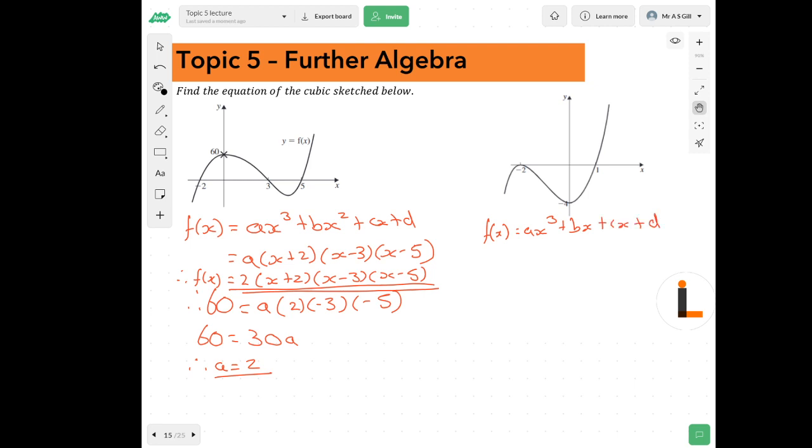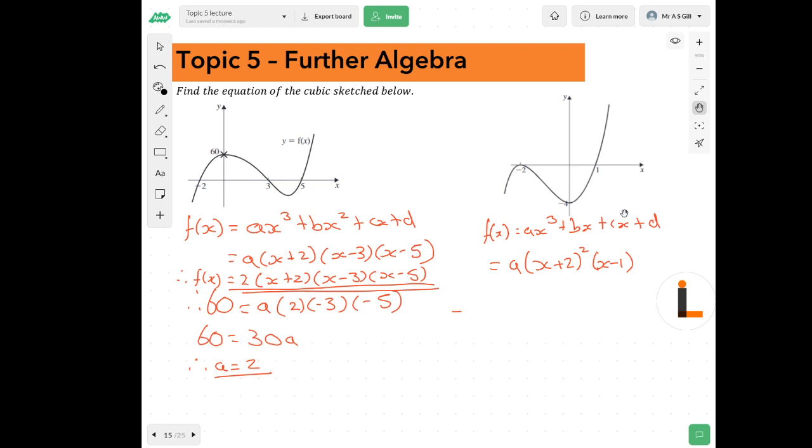We know also that there's a repeated root at minus 2, so that's going to be x plus 2 squared, and there's another root at x equals 1, so we've got bracket x minus 1 there. And again, we're going to use now this y-intercept.